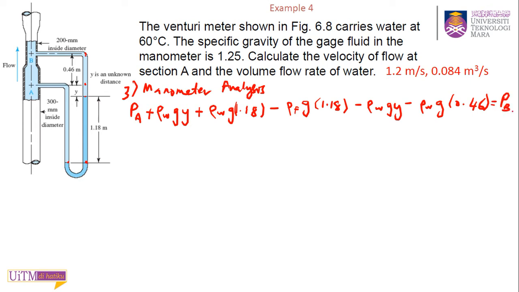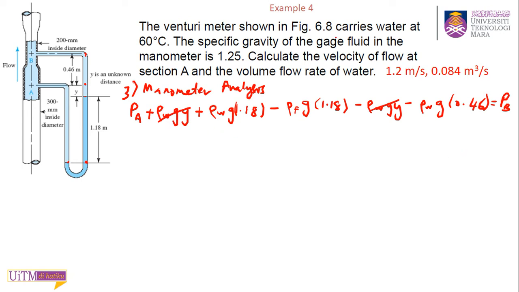PB. So understand this manometer equation, and then you can cancel out this term, rho water g y can be cancelled, and the others cannot.